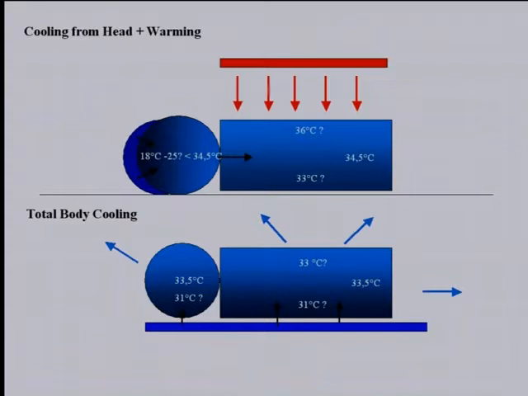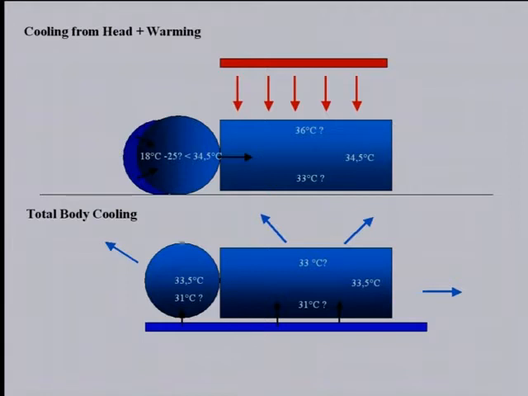In total body cooling, you will also lose heat to the environment as a main source of heat loss. The mattress is only there to fine-tune the temperature, because you cannot change the room temperature as quickly, so you need some device, a blanket, to fine-tune the body temperature.